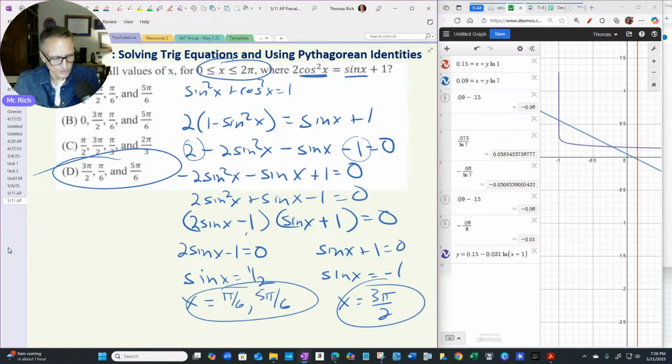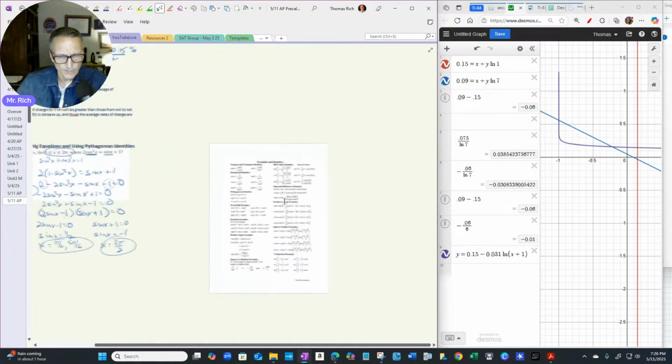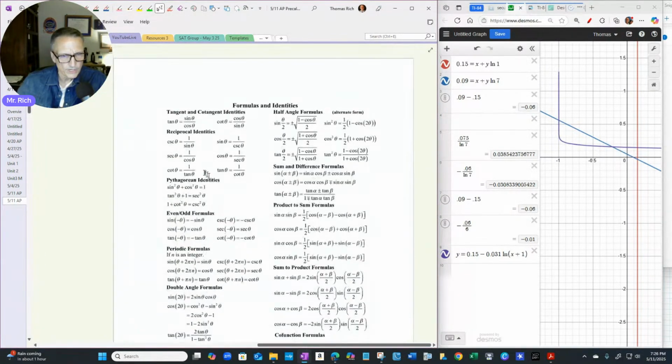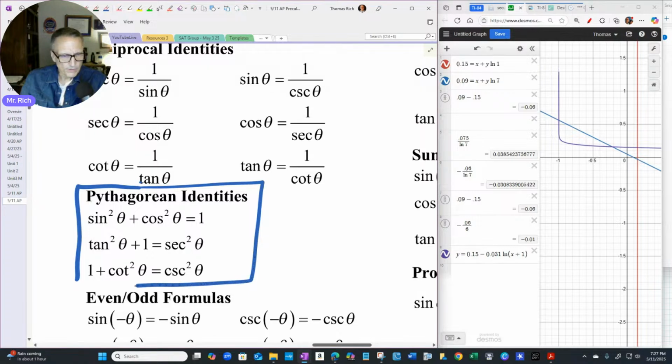So make sure you know your identities, right? I mean, this is crucial. If you don't know these identities, I've got them over here. I've got more than we need here, but the identities that you need to know for Tuesday are for sure these Pythagorean identities right here. You need to know all 3 of those. The one that you're most likely to use is the first one here, sine squared and cosine squared being 1.